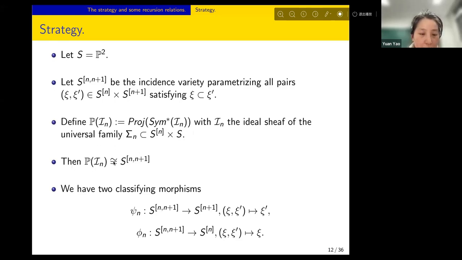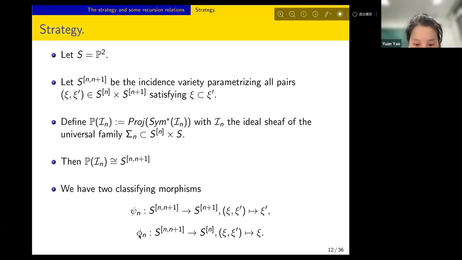Then we have this one, which is exactly this incidence variety. And we have two classifying morphisms, sending the ideal sheaves of n points to S^[n] and the ideal sheaves of n plus 1 points to S^[n+1]. So they're very natural definitions, right?